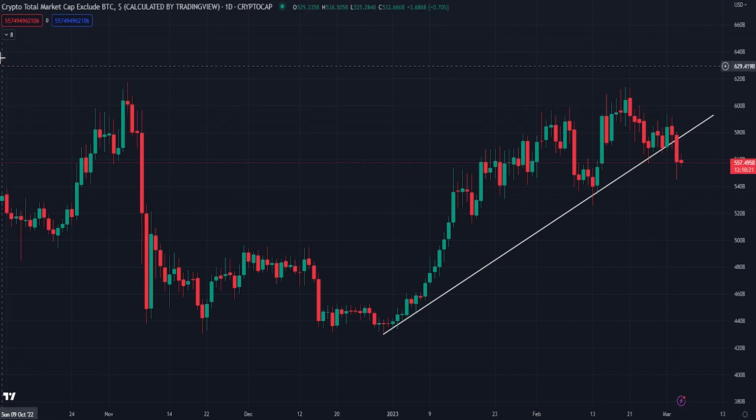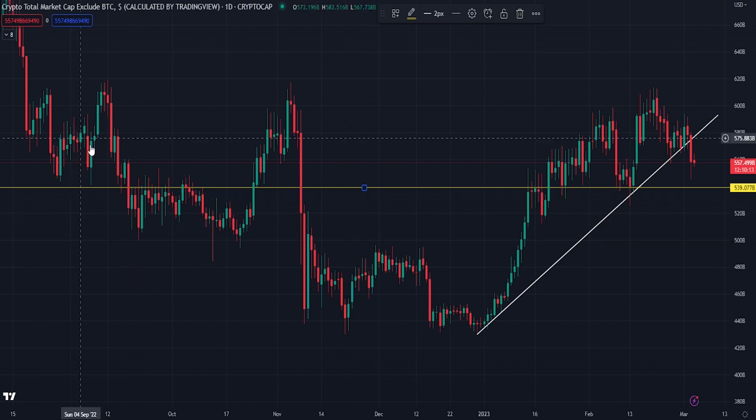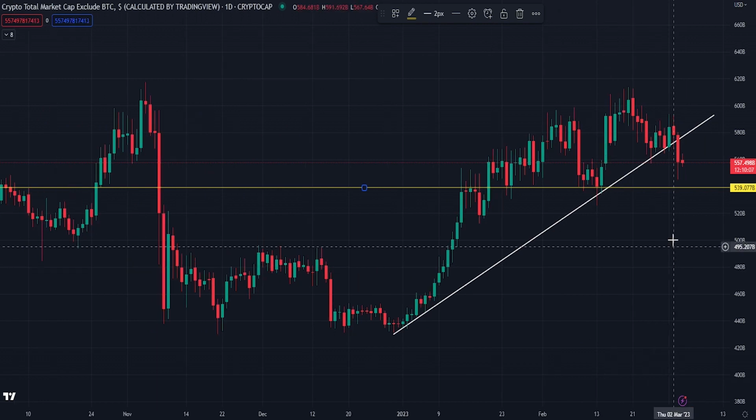So the first level I've got my eye on really is around the 540 billion level here. We can see clearly that is a previous key level of support and resistance a number of times. So for the Total 2 market cap, potentially a pullback to 540 from here, which of course will see a further pullback on altcoins.